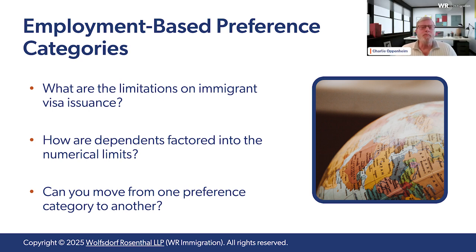Sure. As I mentioned before, each of the employment categories gets a percentage of the overall annual limit. If you view these limitations as your household budget, if your employer gave you a paycheck on October 1st, and that's the only money you were going to get through September 30th of the next year, you would look at that paycheck and say, okay, I'm going to have to establish my household budget for the next 12 months.